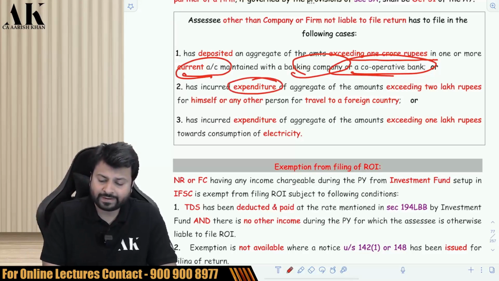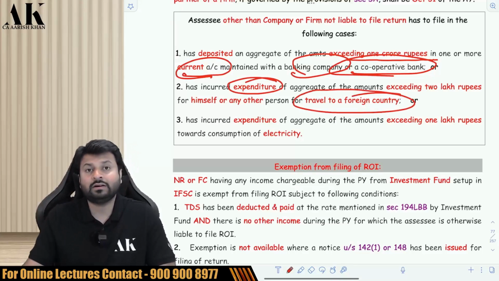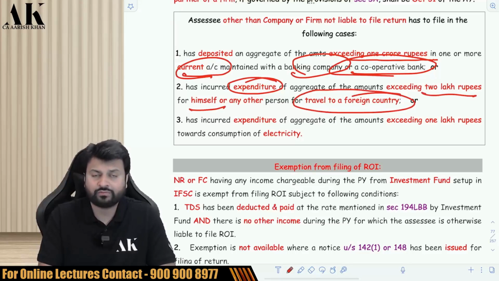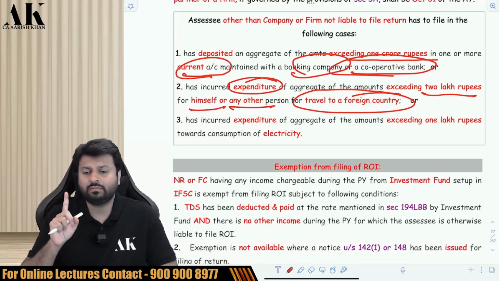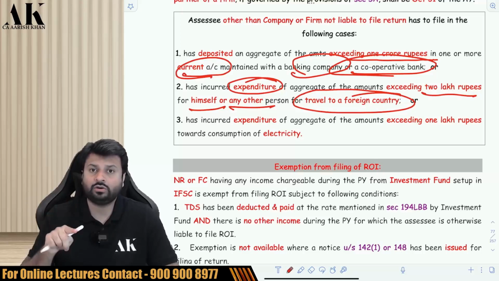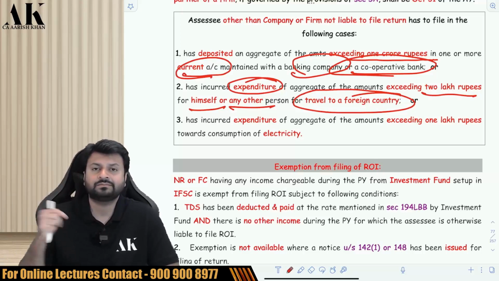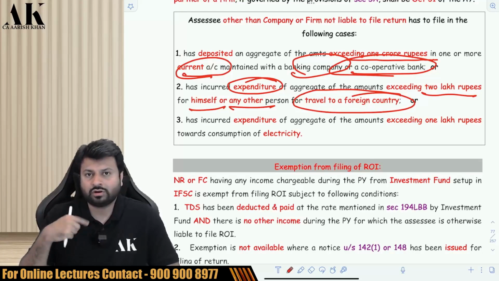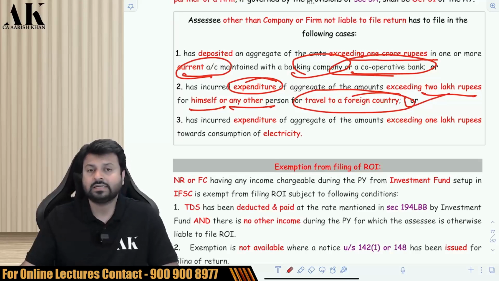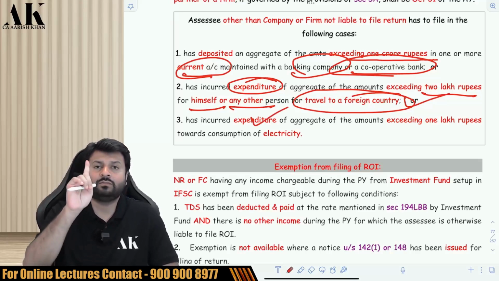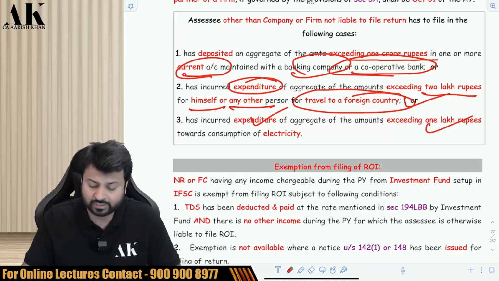Or if you incur an expenditure of 2 lakh rupees or more on a foreign tour, for yourself or for any other person, say your parents are going, then also you are supposed to file the return. Check. Next, if you incur an electricity expense of more than 1 lakh rupees in the entire financial year, you are supposed to file the return.